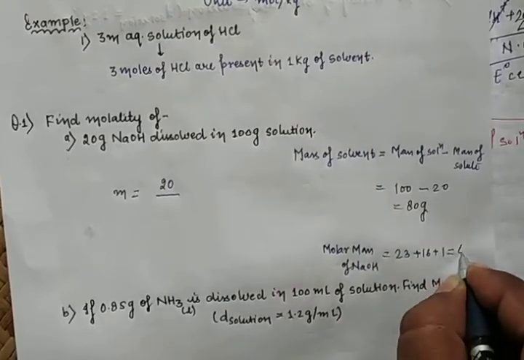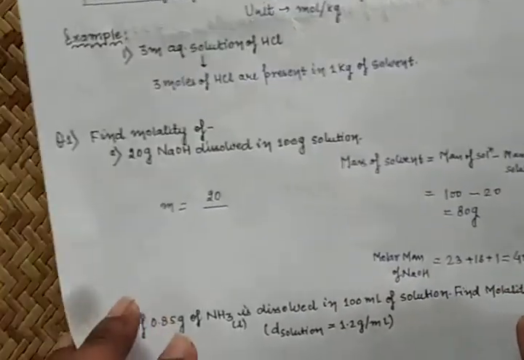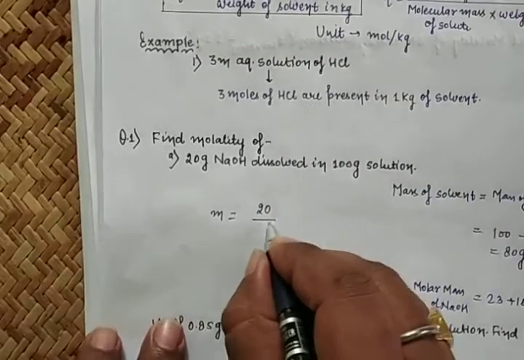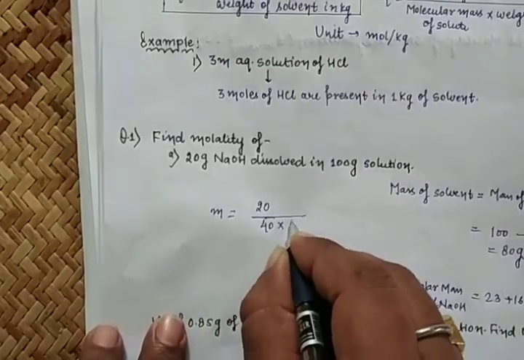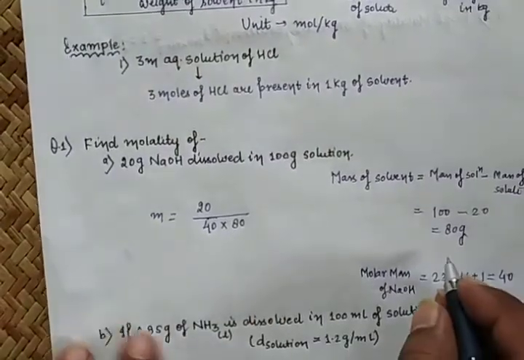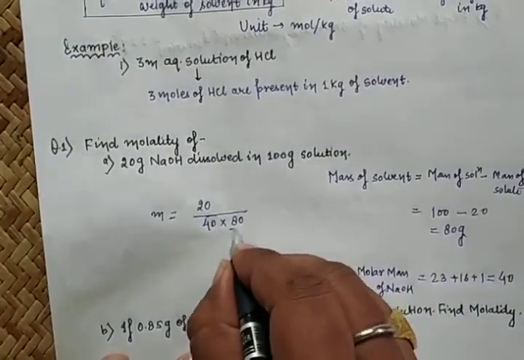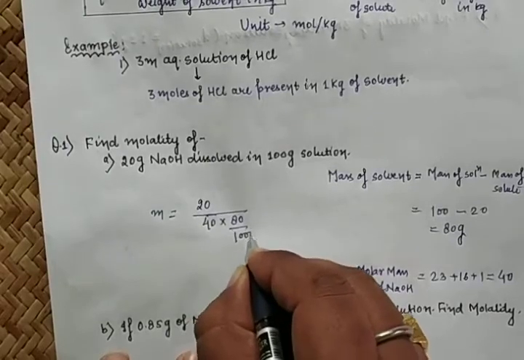It means 40. So the molecular mass is 40, and the weight of solvent is 80 gram. You convert into kg, so divided by 1000.